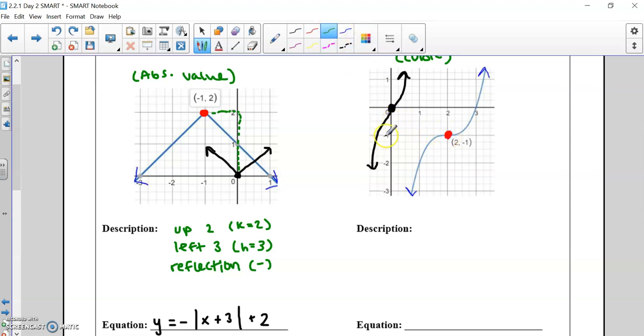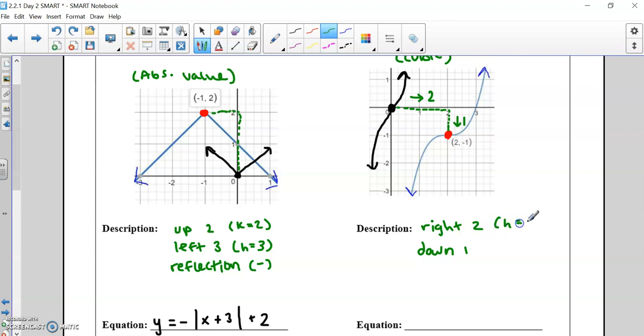So the movements that took place was that we moved to the right by 2, right? And then we moved down by 1. So we moved right 2, down 1. Now, because we moved to the right 2, remember left and right movement is always h.